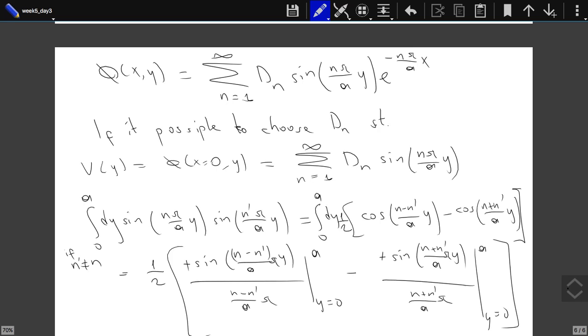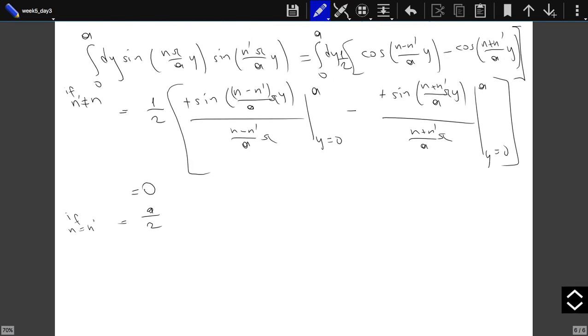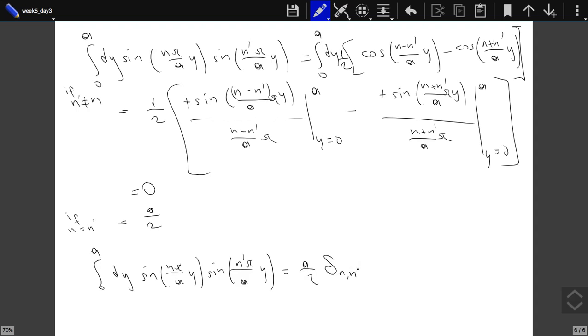So a over 2. So that tells me that this integral from 0 to a dy, sine of n pi over a y, sine of n prime pi over a y, is equal to a over 2 if n and n prime are equal, and it is 0 otherwise.